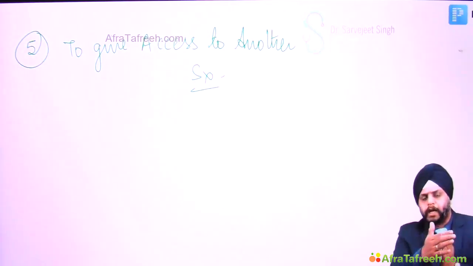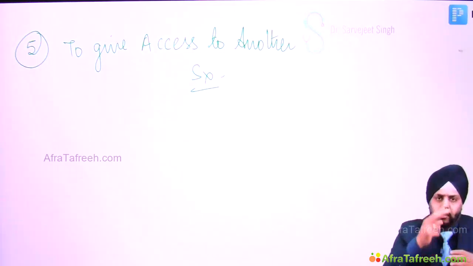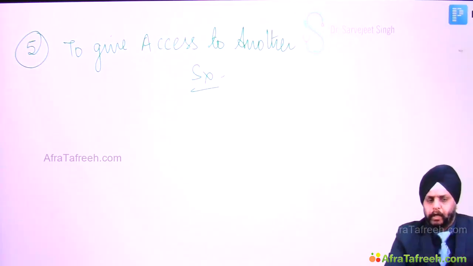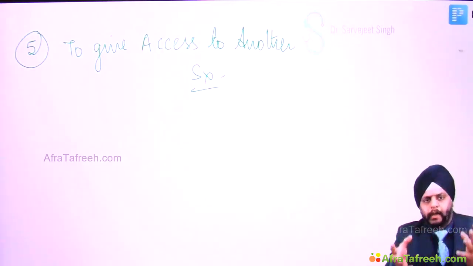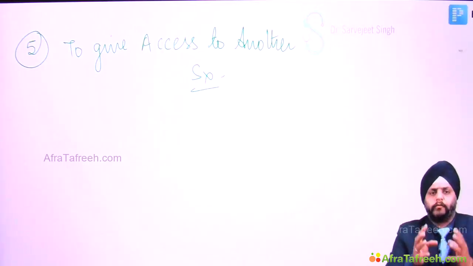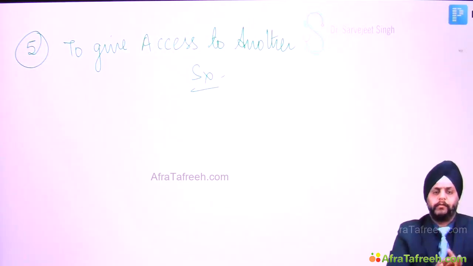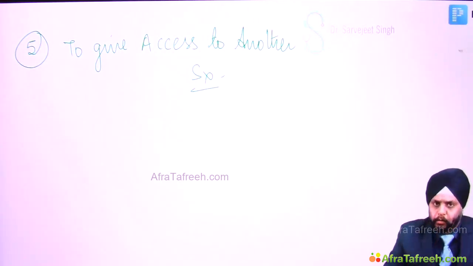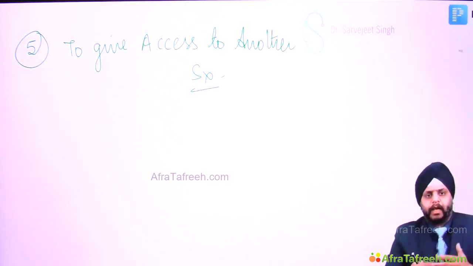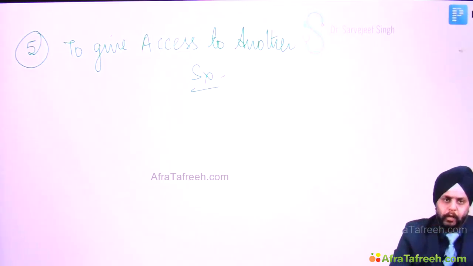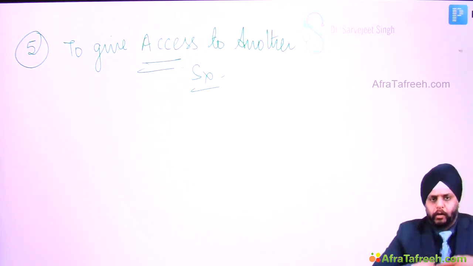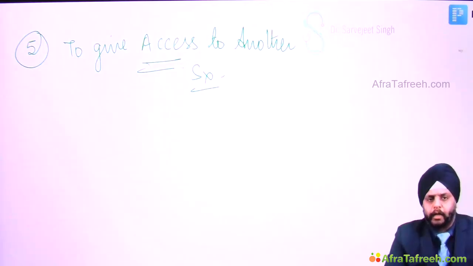We are not able to pass our endoscope or the instruments into the sphenoid sinus. To make a space for this, we have to remove the septum. Septum is not causing any clinical sign and symptom to the patient, but for our surgery, we have to make space so that we are able to do the surgery. So that means giving access to another surgery, making space for another surgery. So we may also do septal surgery to give space or give access for another surgery.